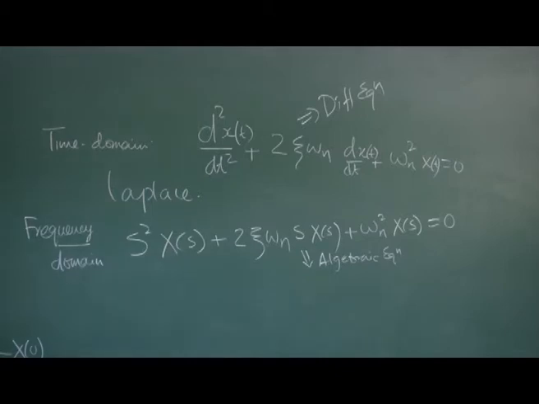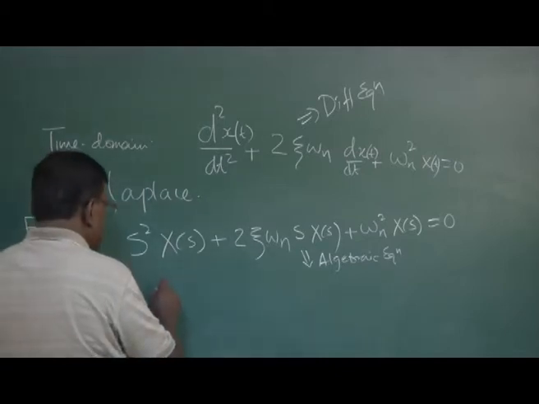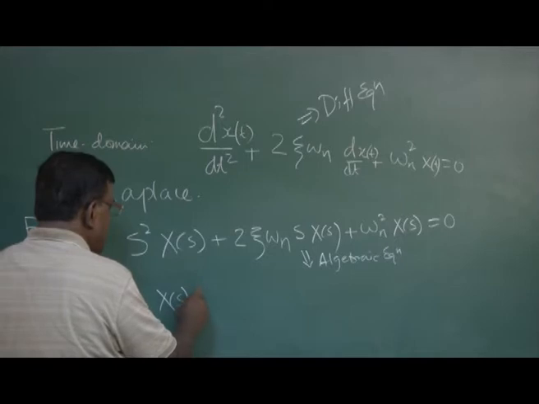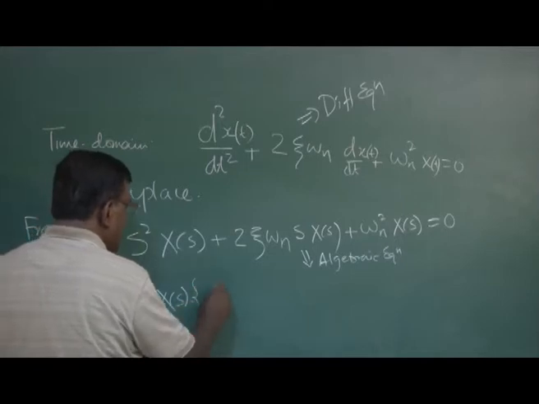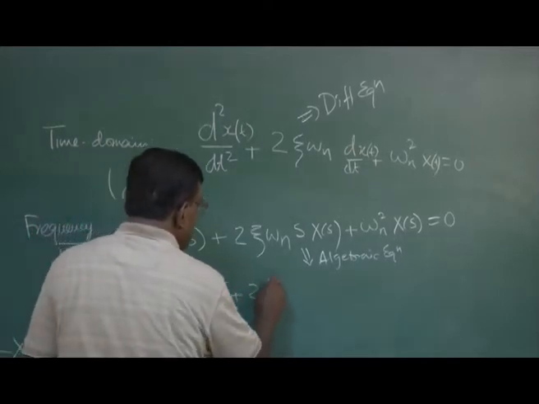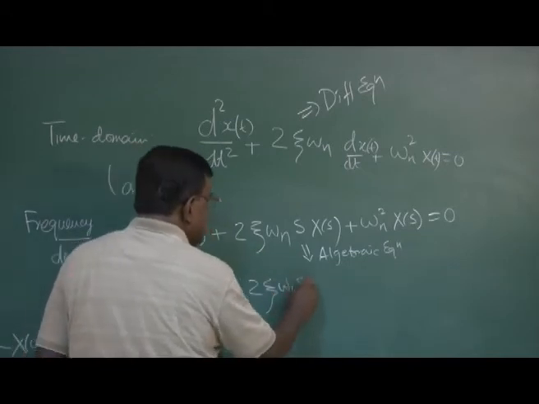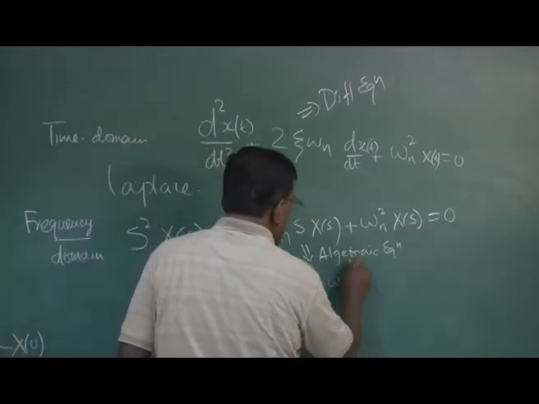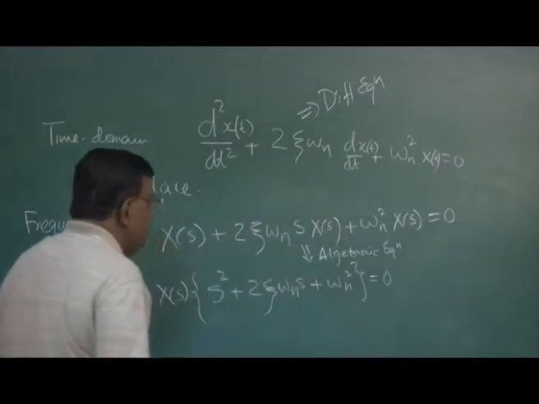So now what is the characteristic equation? If I take x of s common, then it will have s squared plus 2 zeta omega n s plus omega n square equal to 0.